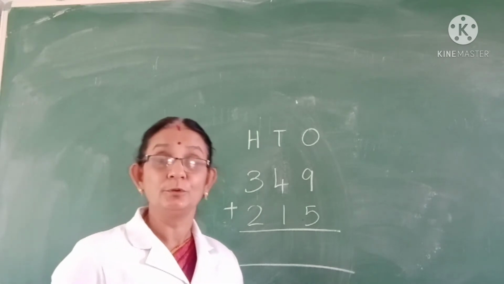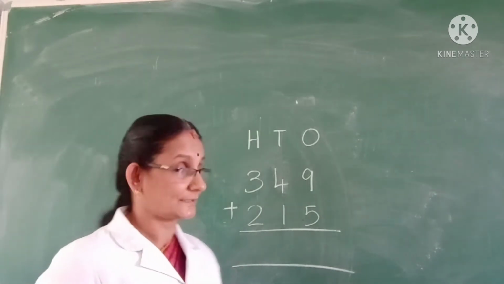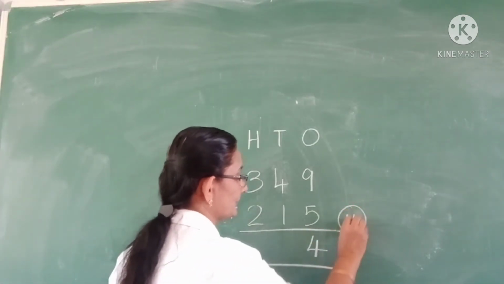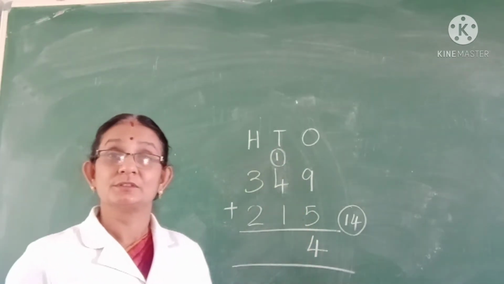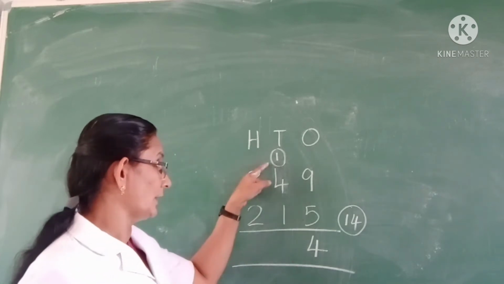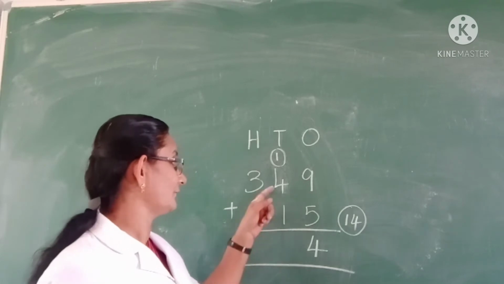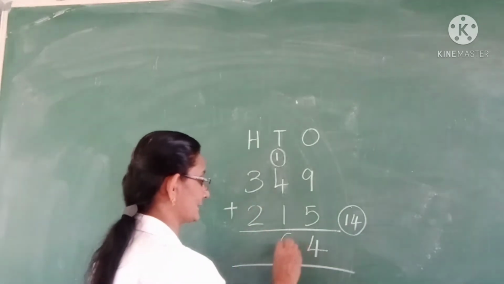And so we have to regroup it as 1 ten and 4 ones. So we have to write 4 in ones place and 1 in tens place. Now, next we have to add the digits in the tens place. 1 plus 4 is equal to 5 and 5 plus 1, yes, it is equal to 6.